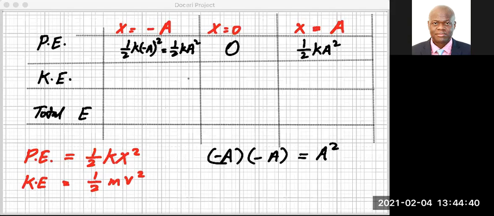Kinetic energy depends on mass and velocity. So when an object reaches the amplitude, what is its velocity? When an object reaches its amplitude, what is its velocity?